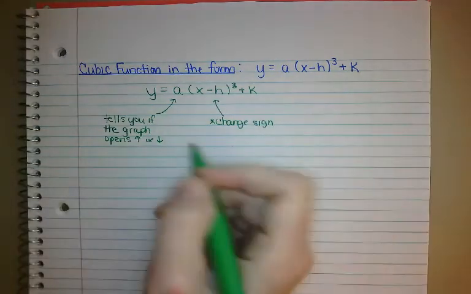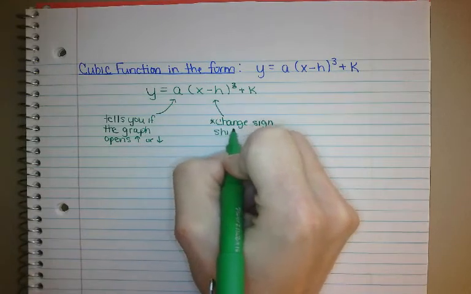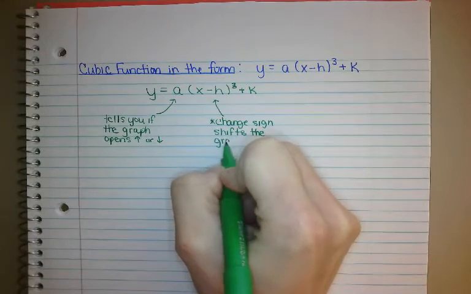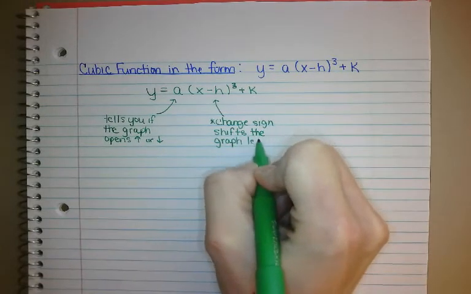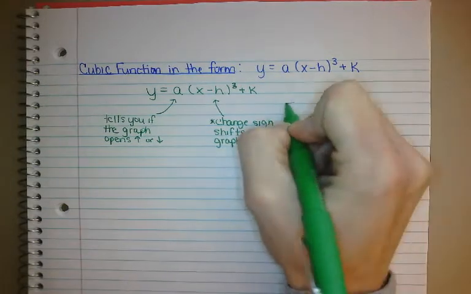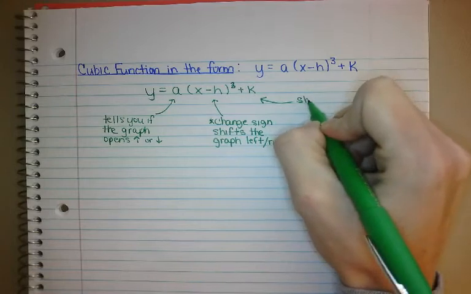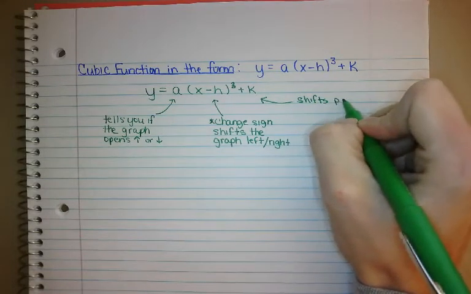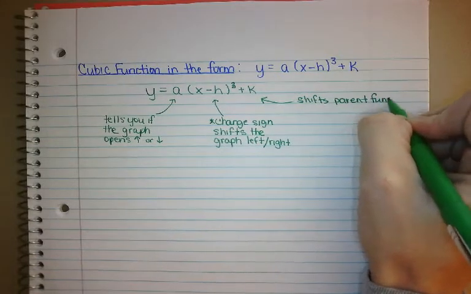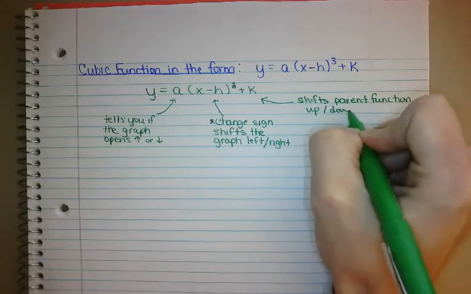But that shifts the parent function left or right. And then the k is how it shifts the parent function up or down.